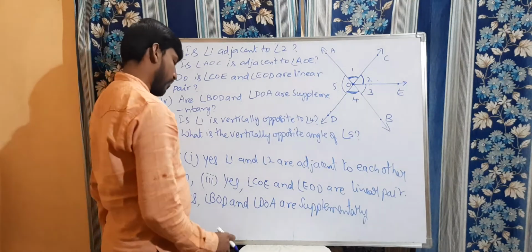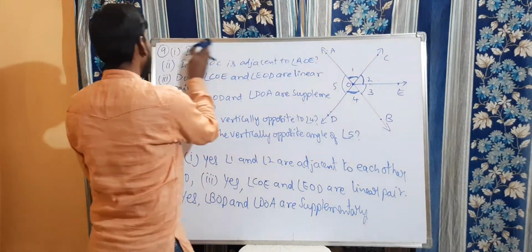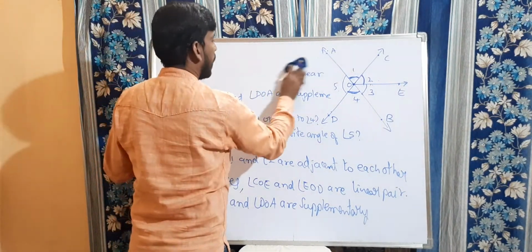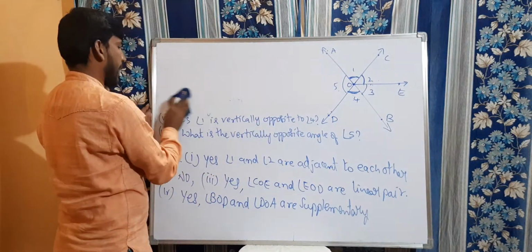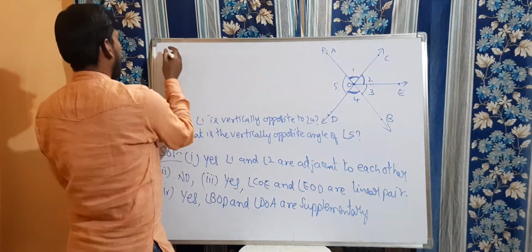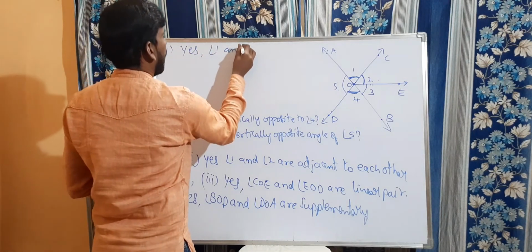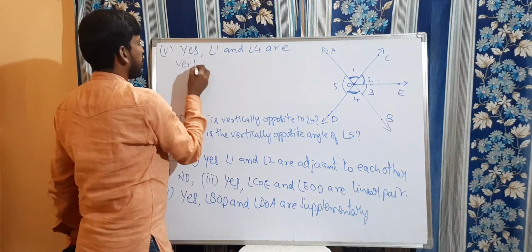Fifth one is also yes, both are vertically opposite angles. Angle 1 and angle 4 are vertically opposite angles.